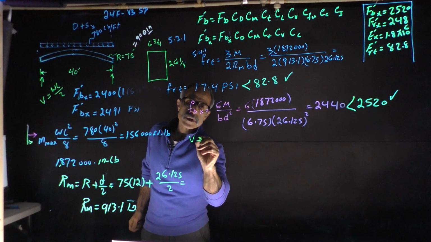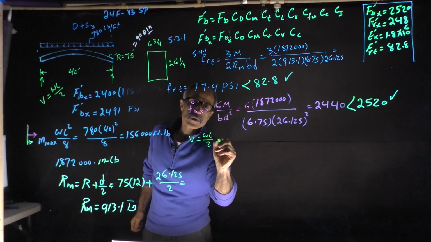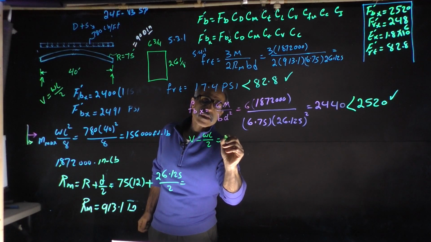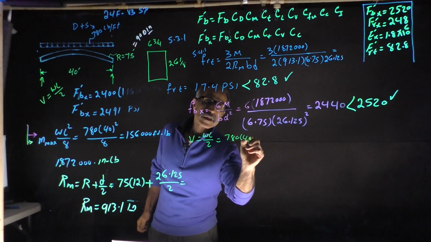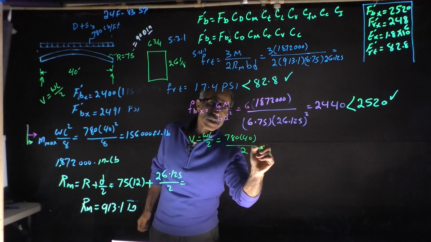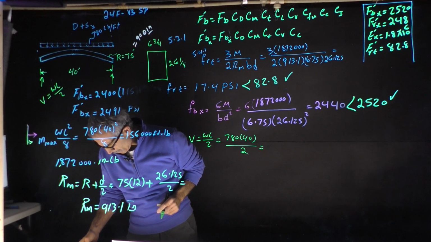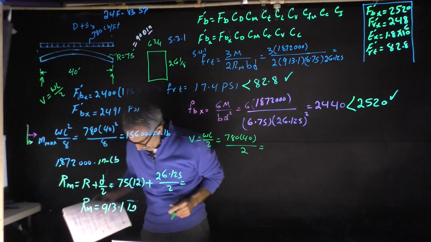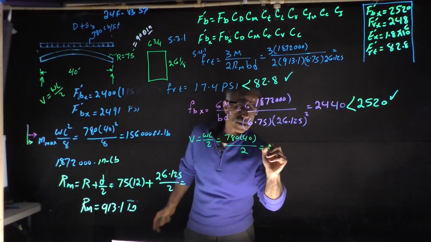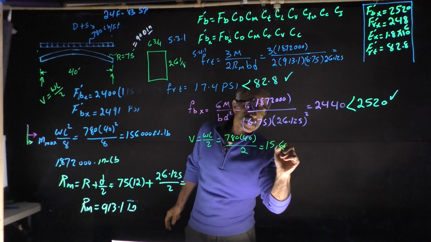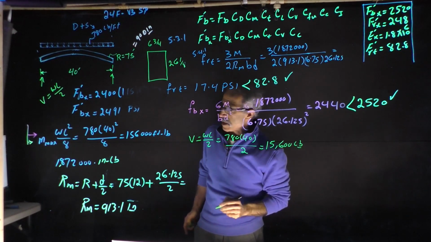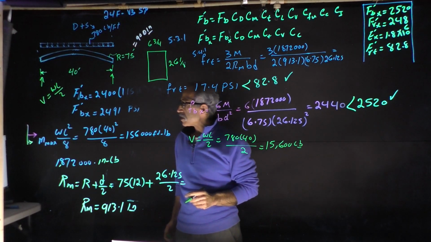So V is equal to WL divided by 2, 780 times 40 divided by 2, which is 15,600 pounds.